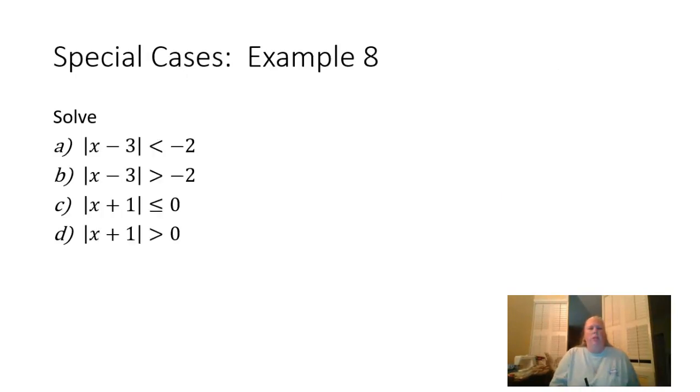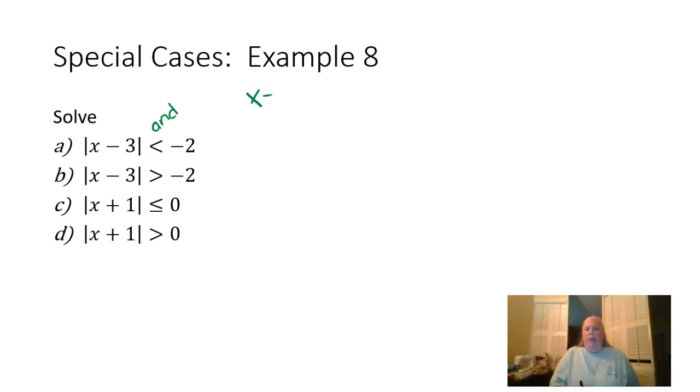All right, let's look at some special cases for example 8. In the first problem, we've got the absolute value of x minus 3 is less than -2. This less than means that this problem is going to turn into a compound inequality connected by the word and. I know that because it's a less than.